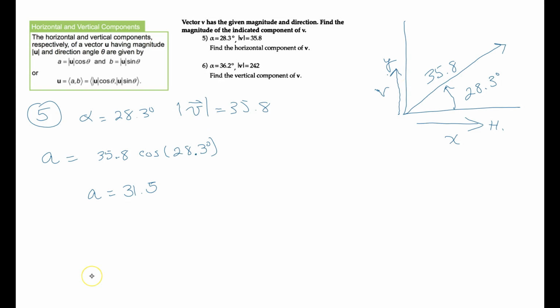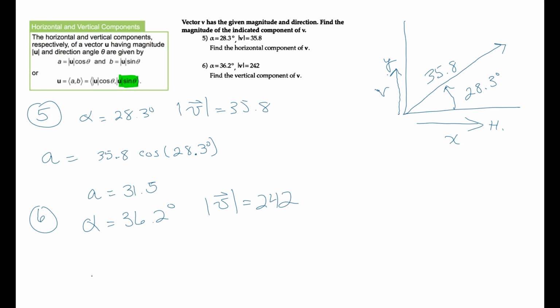So here in problem number 6, we're given an alpha equal to 36.2 degrees, and the magnitude of vector v is 242 units long. So the vertical component will be this part of the formula right here.